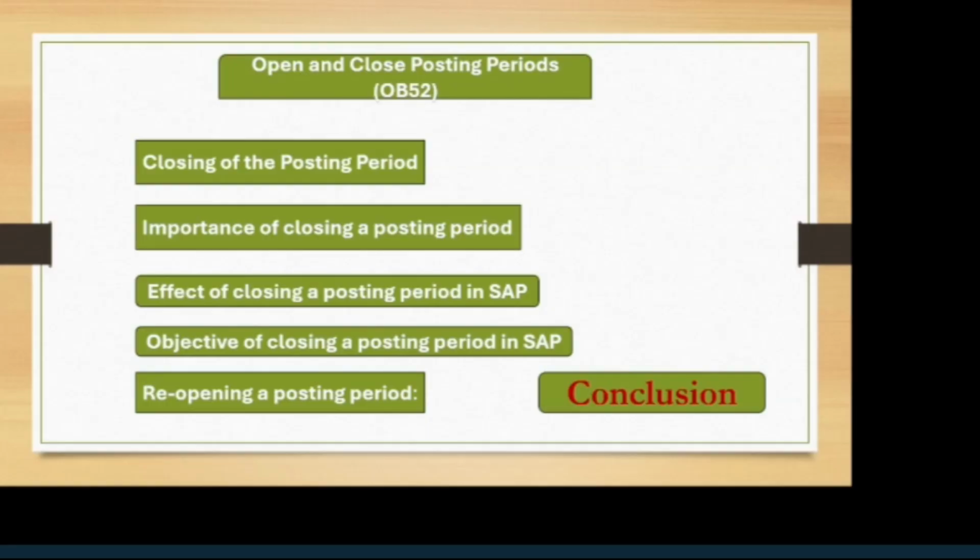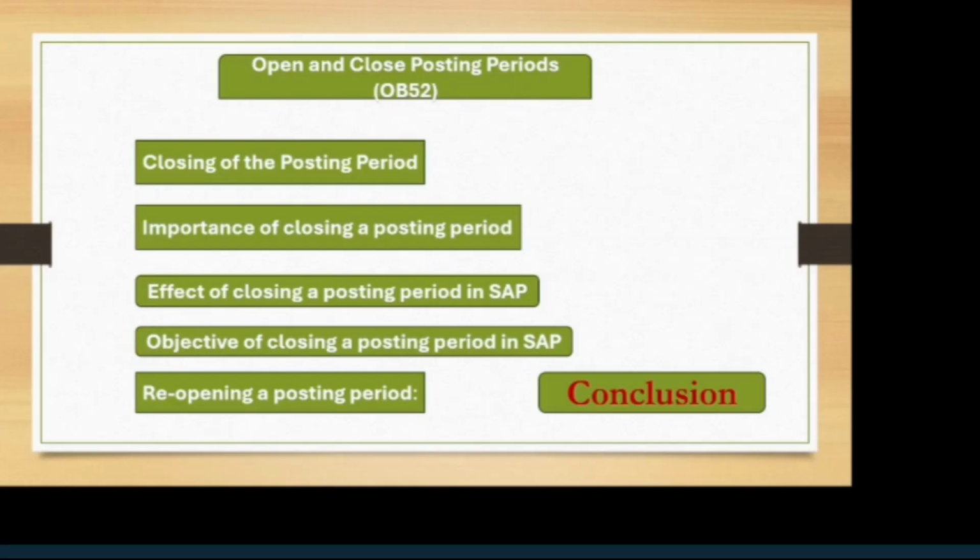So we can achieve maximum possible results only when our employees take correct business decisions. So it becomes more important to close every posting period and arrive at the correct financial position. That is the objective of closing the posting period every month.